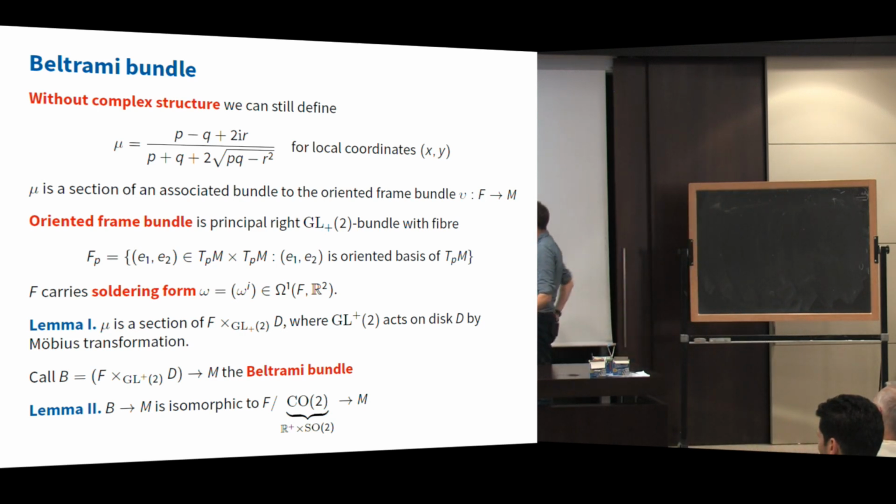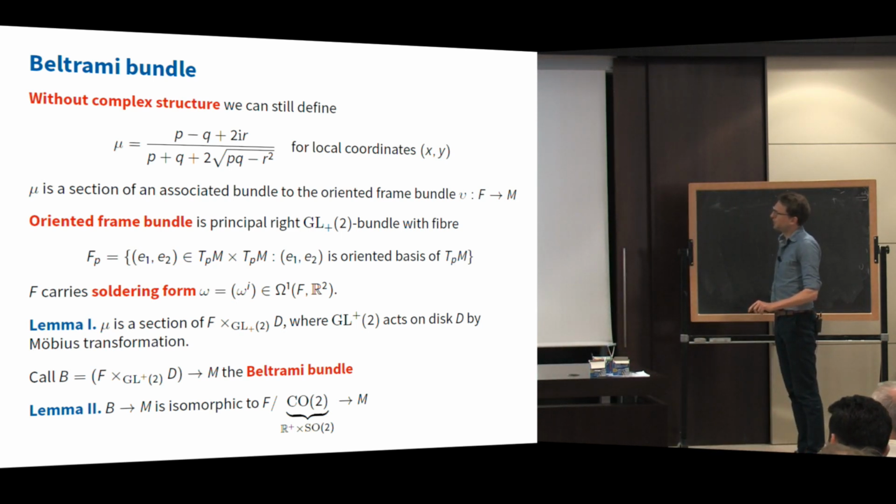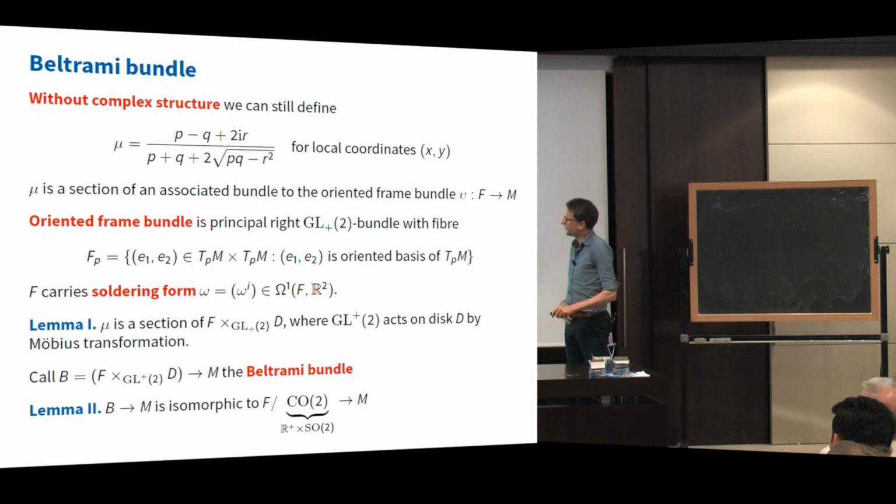So what you can show is that this disk bundle that you just cooked up is isomorphic to the frame bundle by CO2. This is the linear conformal group, by which I just mean rotations times scaling. It's not very surprising that this is all isomorphic, because one of these absolute Beltrami differentials is just supposed to describe a conformal structure.